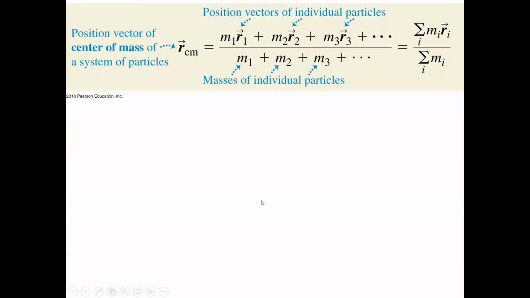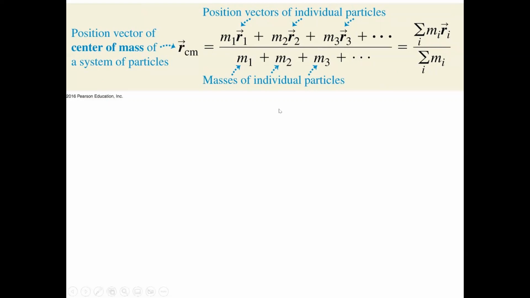How can you calculate the position vector of the center of mass of a system of particles? The position vector of the center of mass is represented by RCM. CM here means center of mass, and R is a position vector, remember.